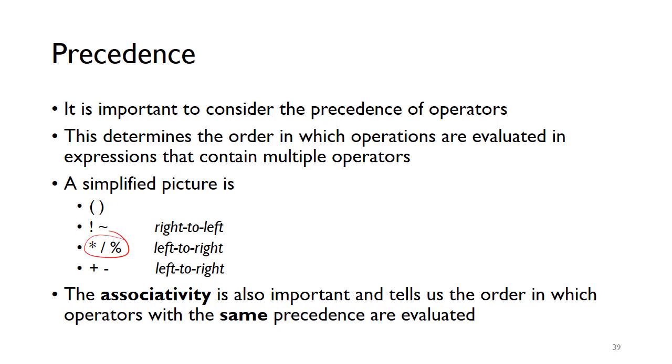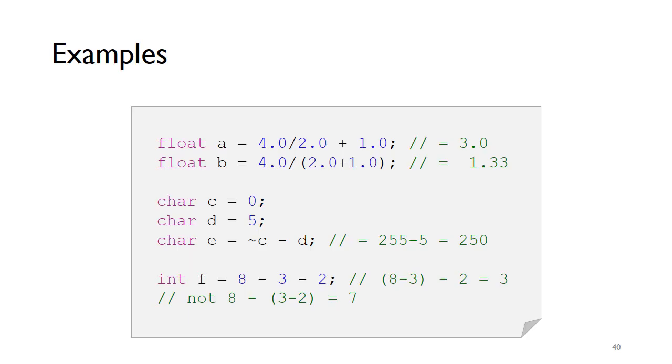We've got multiplication, then division and modulo, and then addition and subtraction. So the most precedent ones are at the top. And these here are what we call the associativity. It's also important because this tells us in which order operators with the same precedence are evaluated, and we'll see an example next. We can either go right to left or left to right. So we'll look at some examples here.